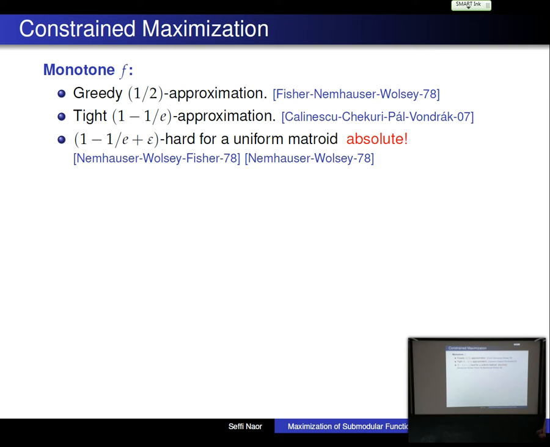This was later improved by Calinescu, Chekuri, Pal, and Vondrak, who gave another algorithm, which I'll present in 2 minutes, which achieves 1 minus 1 over e. And this is actually best possible. Even for a uniform matroid, you cannot get better than 1 minus 1 over e. Again, this was already shown by Nemhauser, Wolsey, and Fisher.